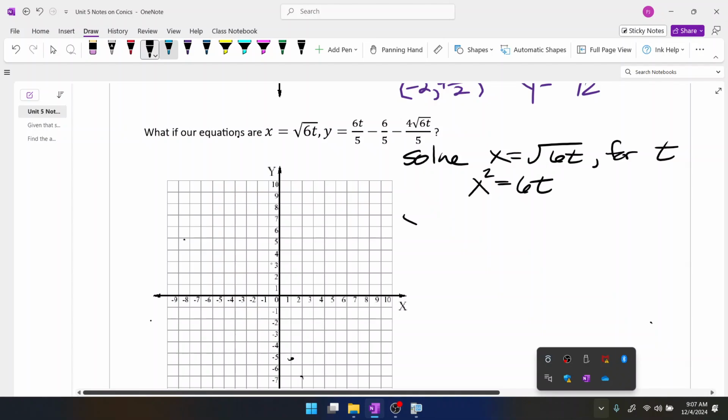So basically now you have y equals x squared over 5 minus 6 over 5 minus 4/5 x.